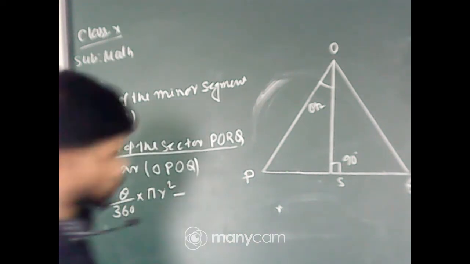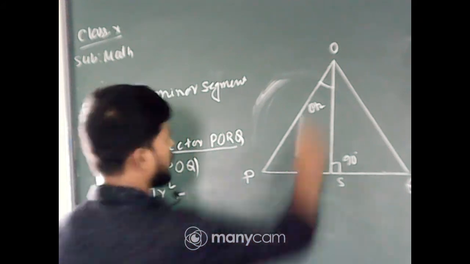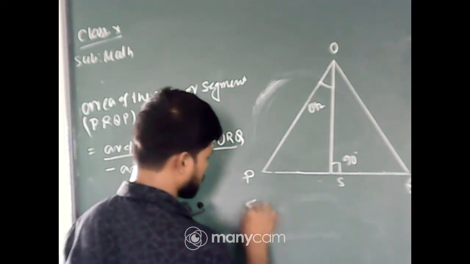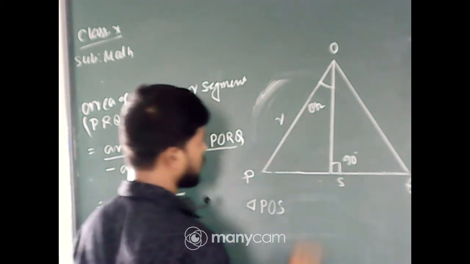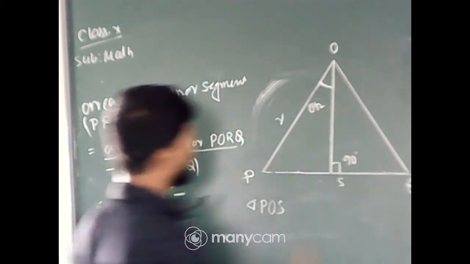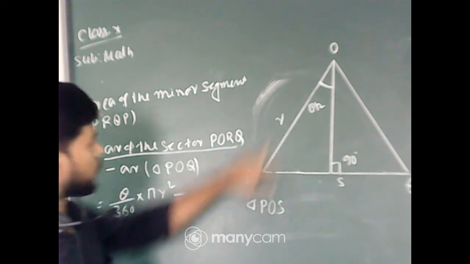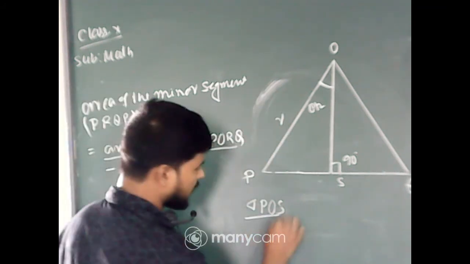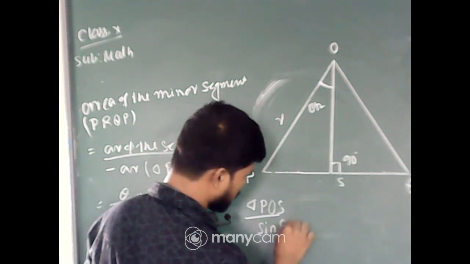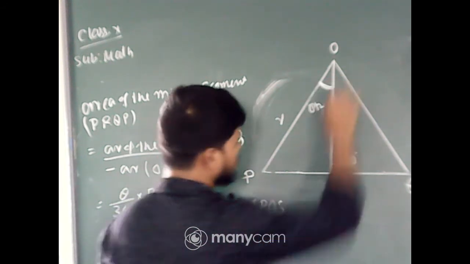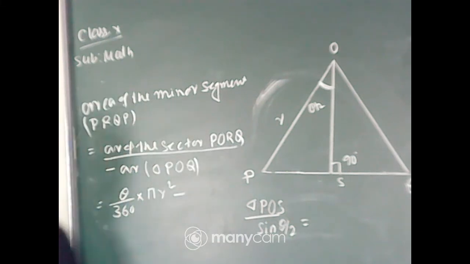Yes. Okay, so we are considering the triangle POS. This is R. This is actually the angle POS. So in that triangle, if I apply sine of that angle, what do you mean by sine?